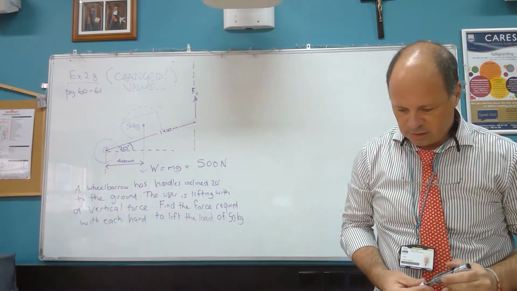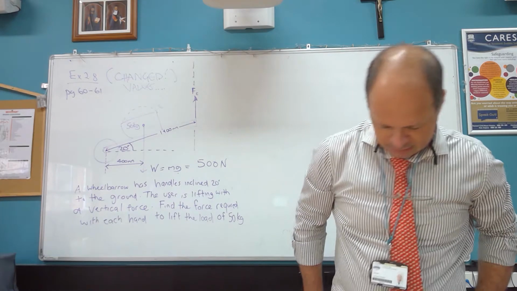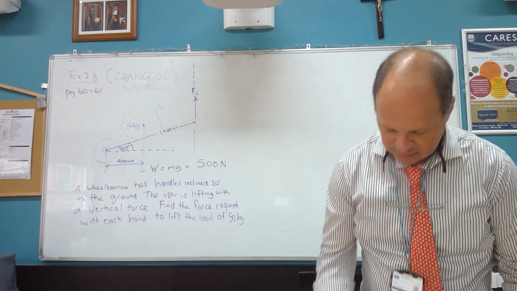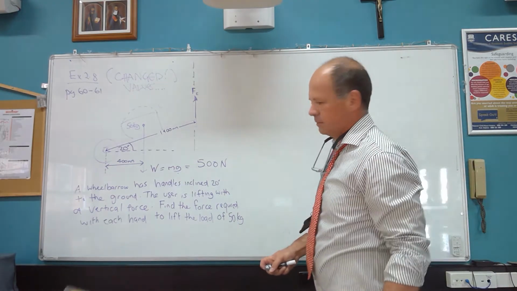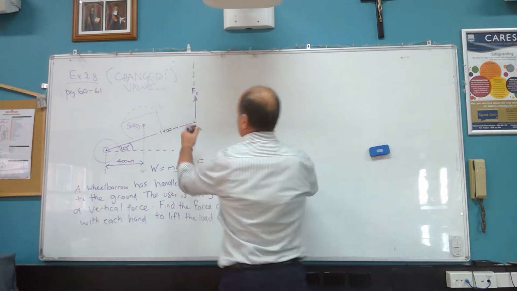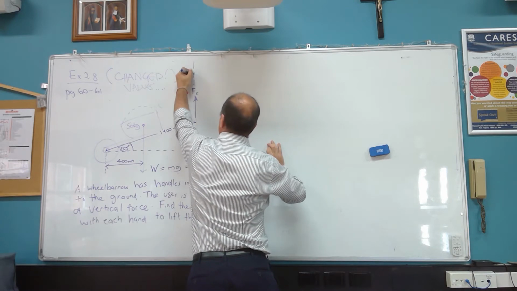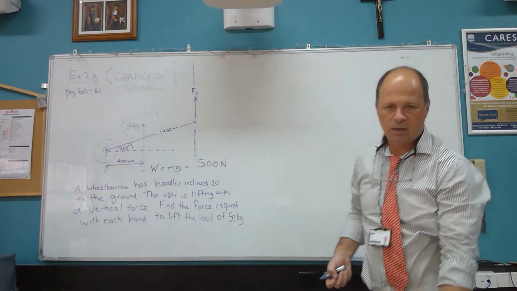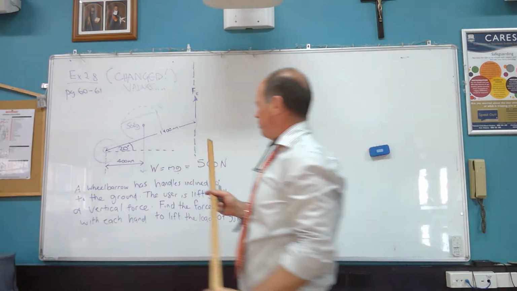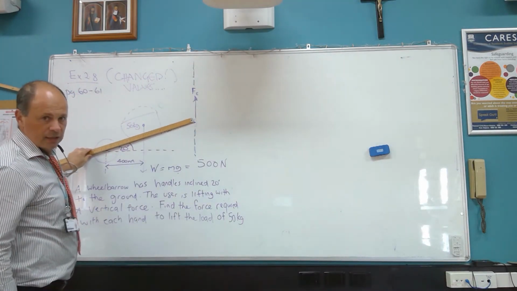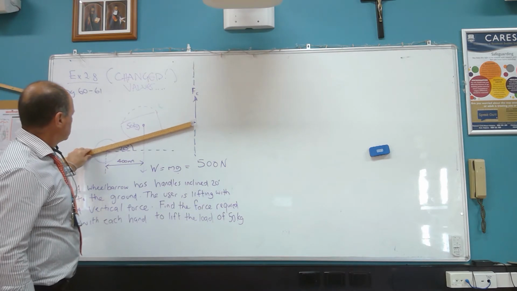Once you extend those lines out, you have to work out where our pivot will hit 90 degrees. Okay, so we start dropping our line.